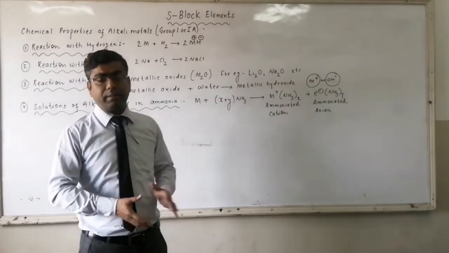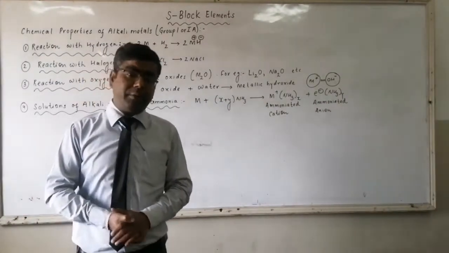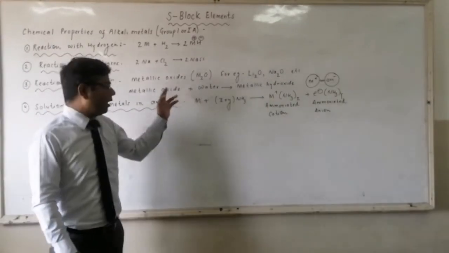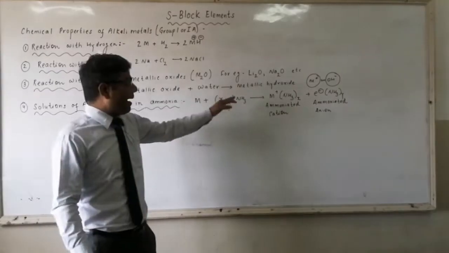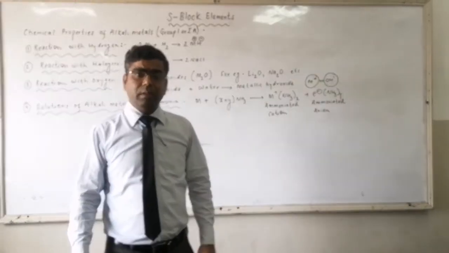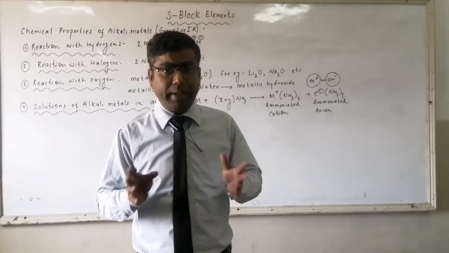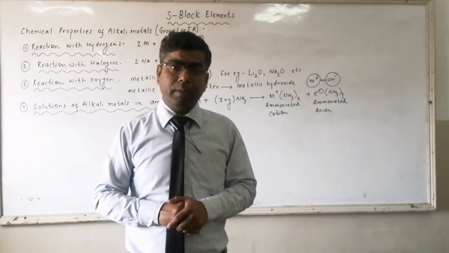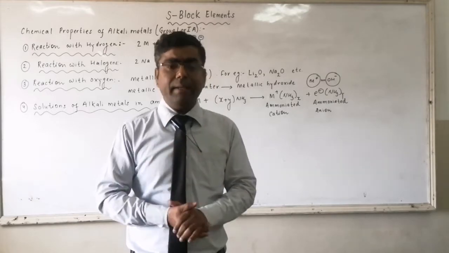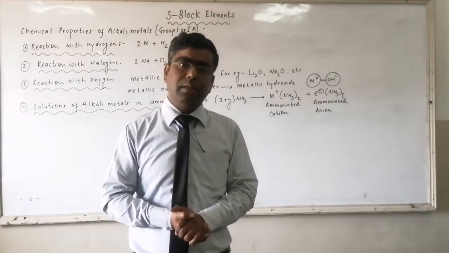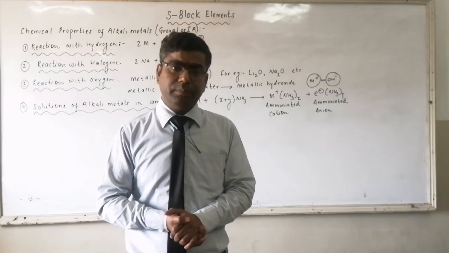When these oxides are made to react with water, the metallic oxide reacts with water and forms a metallic hydroxide having formula MOH, like LiOH, NaOH, KOH. These metal hydroxides are basic in nature.